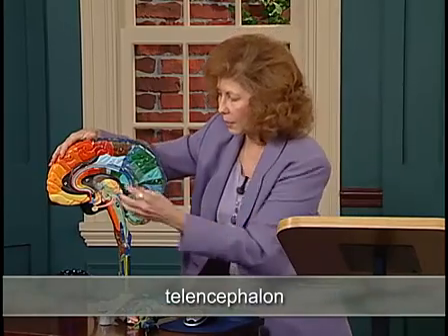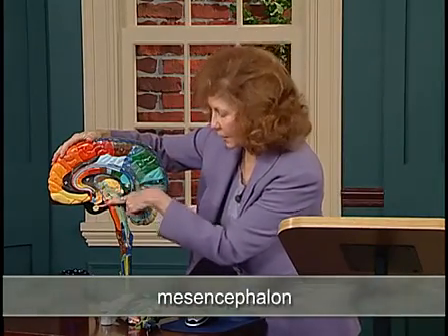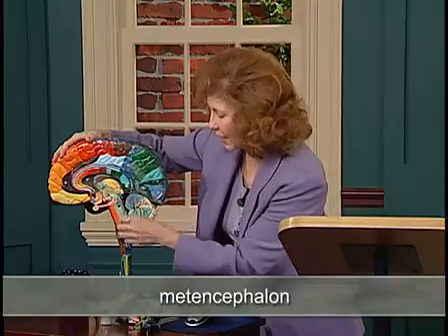So if we start from rostral to caudal, and remember the brain is one part of the central nervous system, the 5 subdivisions of the brain are the telencephalon, the diencephalon, the mesencephalon, the metencephalon, and the myelencephalon.